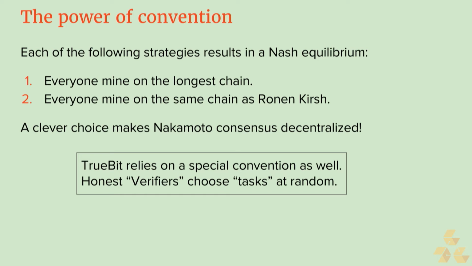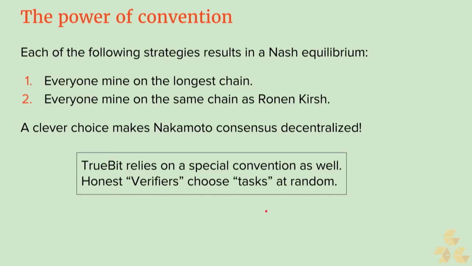Clearly, each of these results in a Nash equilibrium. The second one easily resolves the verifier's dilemma. There's no ambiguity about where you should mine, but it's not so interesting, right? It's really the clever choice of the convention that makes consensus decentralized and makes the blockchain work.